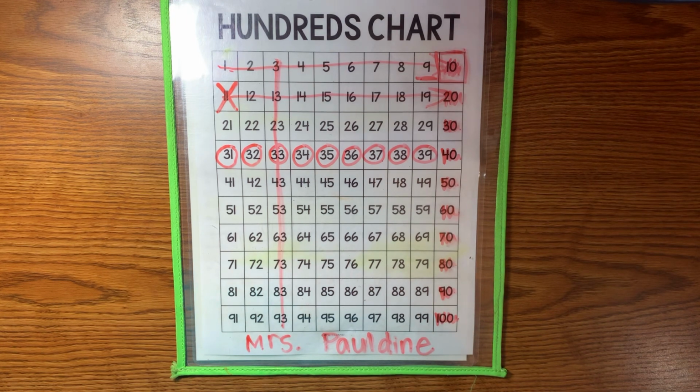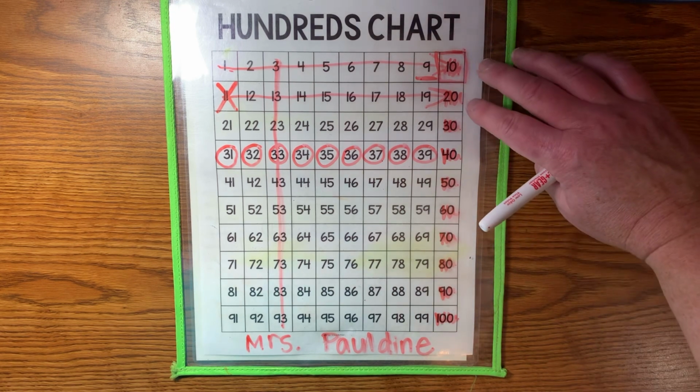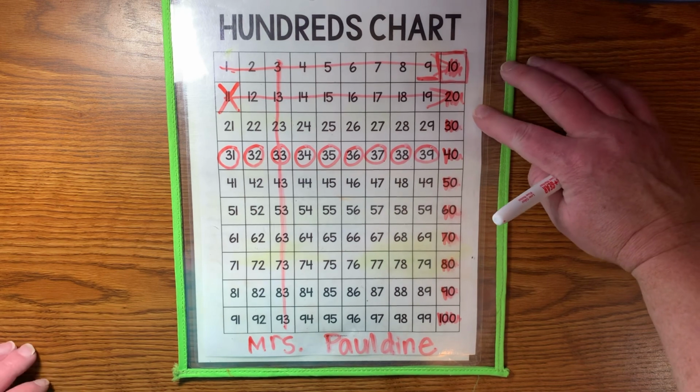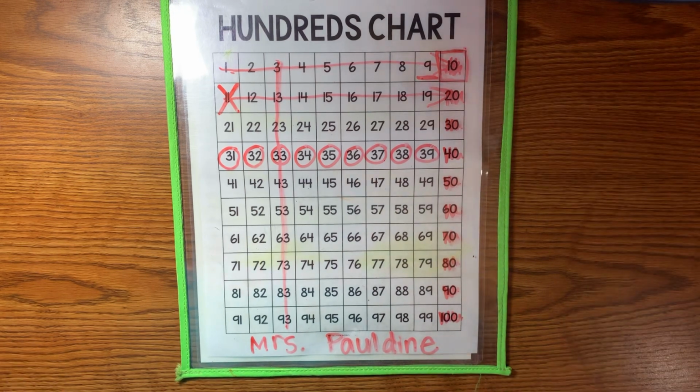You can always do this and pretend it's a game if you have a little brother or sister, if you want to play school, or you can have an adult do it with you and say, hey, give me some directions, right? Okay, that's it for our hundreds chart today.